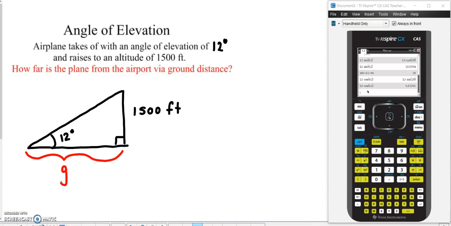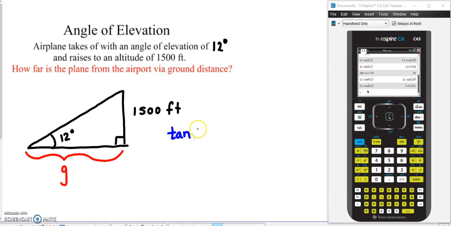So let's calculate that. We're going to have to figure out what trig function to use. And it looks like I don't have a hypotenuse. If I don't have a hypotenuse, I'm not going to use sine or cosine. I'm going to use tangent. So let's set that up.